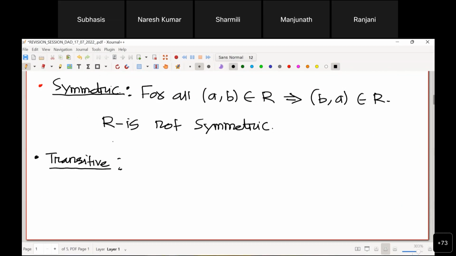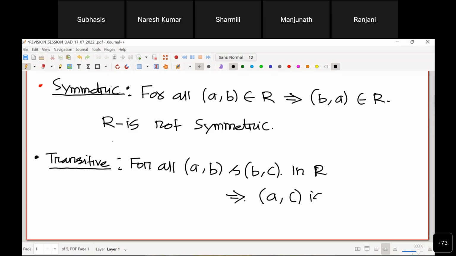So the condition for transitive is: for all a comma b and b comma c in R, it should imply that a comma c is in R. If the condition holds for all such possible pairs, then I can say that my relation R is transitive.